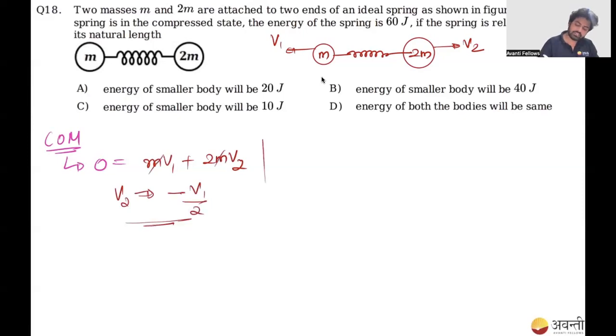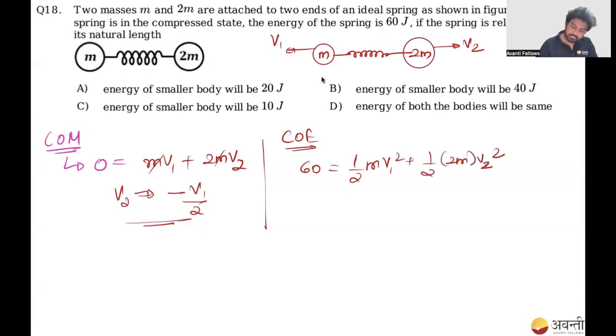Then the second relation we can find from conservation of energy, COE. According to the law of conservation of energy, initial energy is equal to final energy. Initial energy is 60 joules. Final energy is the energy of the masses with the velocities they are traveling, which is kinetic energy, right? So half m v1 square plus half 2m v2 square.